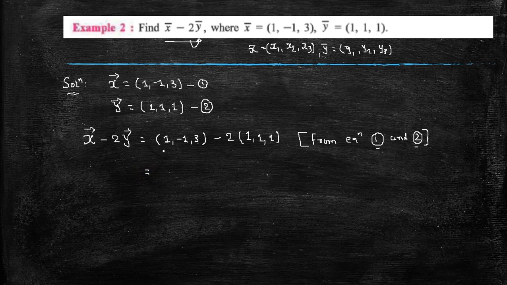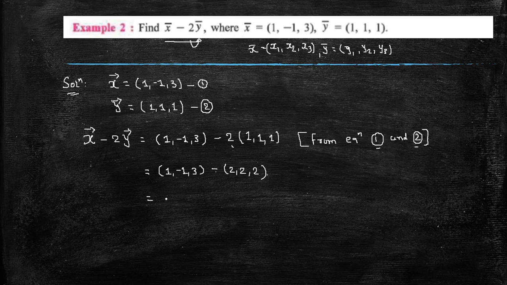So we don't have to multiply any scalar product over here. So we will write 1, -1, 3 as it is. Now -2, minus sign is over here. We will multiply just 2 with each and every element of vector y. So 2, 2, 2. Now this is nothing but vector subtraction.